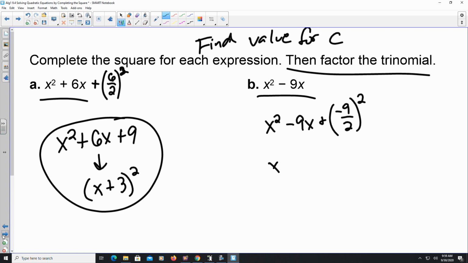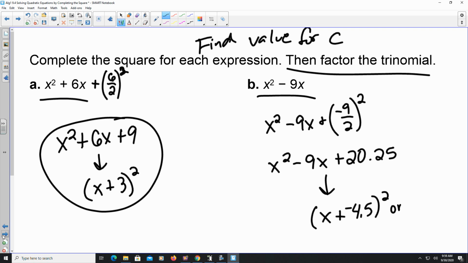So it's going to be x squared minus 9x plus 20.25. To factor this, it's going to be x plus negative 4.5 quantity squared, or you can write it as x minus 4.5 quantity squared. Either way works.